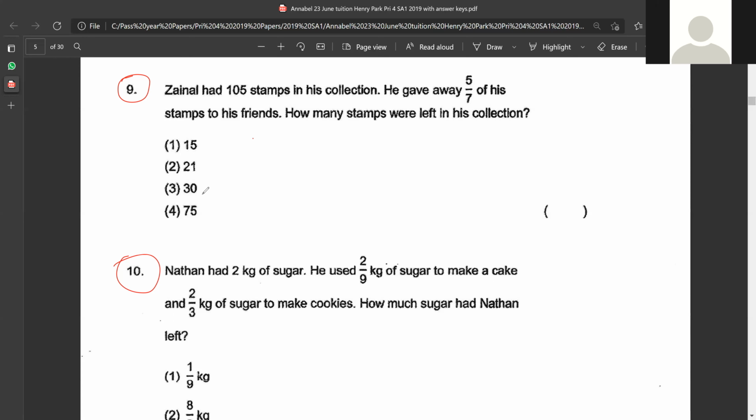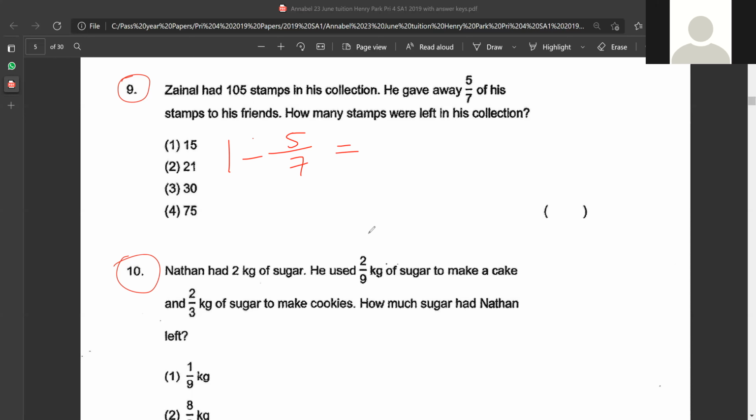105 minus 5/7? Wrong. Your concept of fraction is wrong. He gave away 5/7. So he is left with how much? 1 whole minus 5/7.